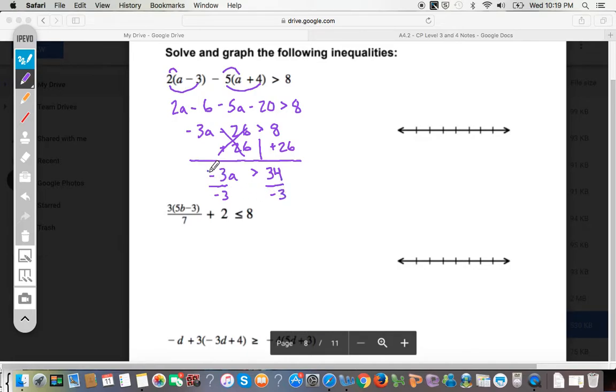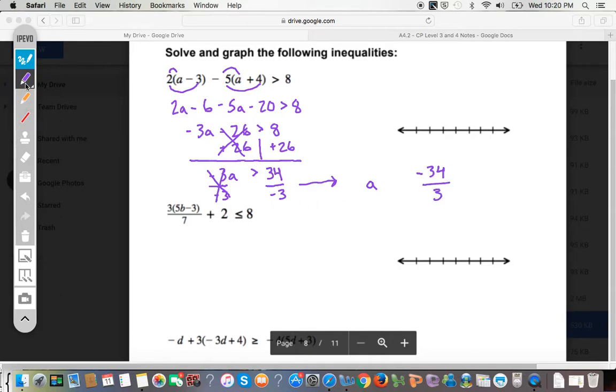So my negative 3's cancel. So I'm left with a, and over here I have negative 34 over 3. You can find the decimal for that as well.